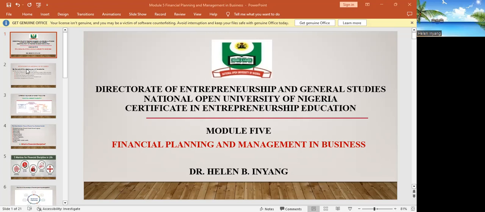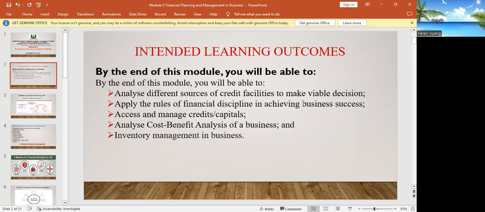Let's look at the intended learning outcomes. By the end of this module, you'll be able to analyze different sources of credit facilities to make viable decisions.